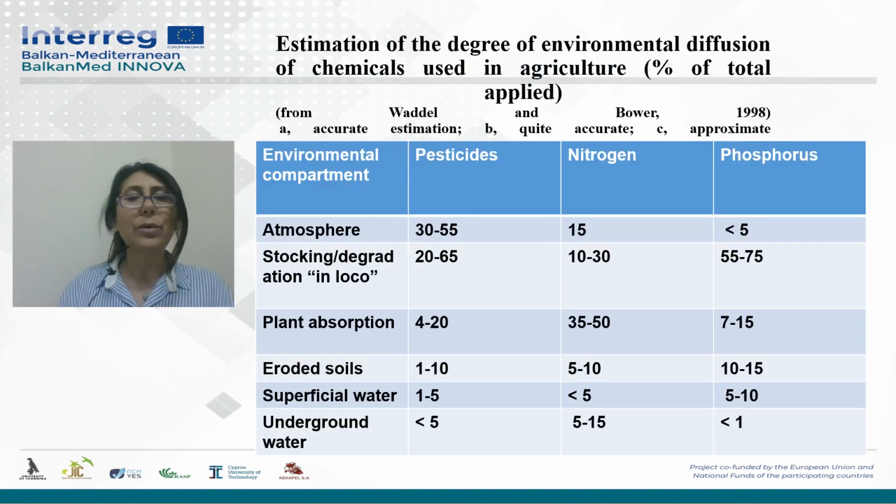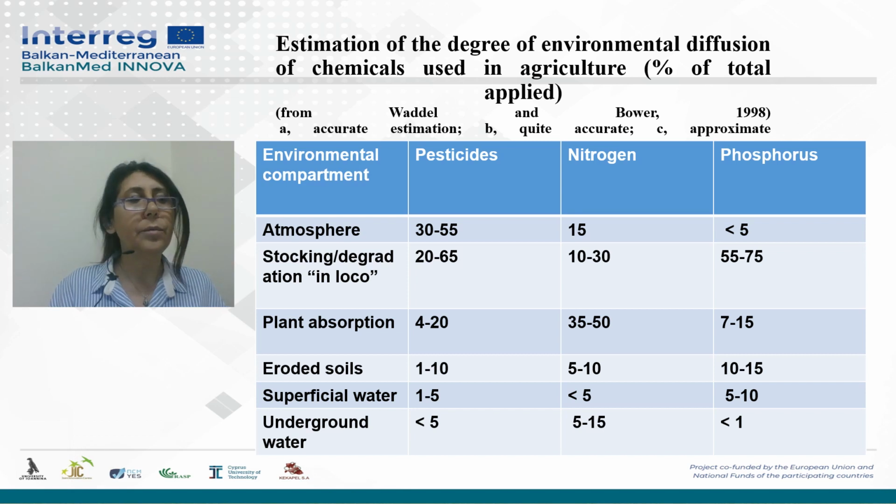Now let's look at this table. I'm trying to summarize in this table the degree of environmental diffusion of chemicals used in agriculture. This is expressed as a percentage of total applied. What does it mean?